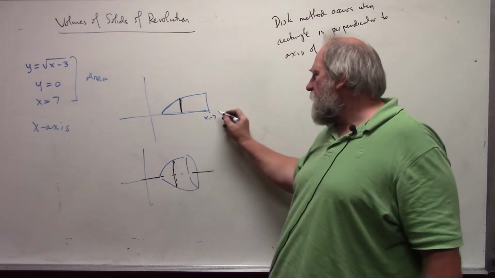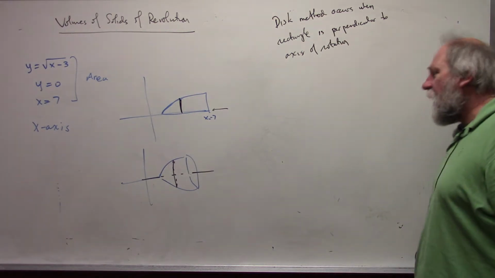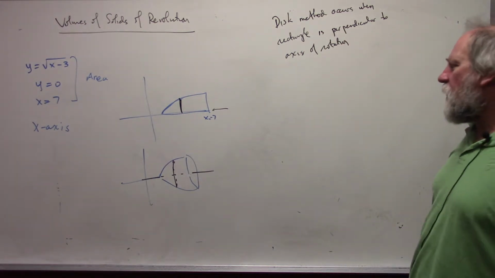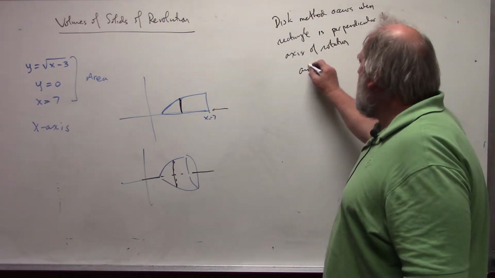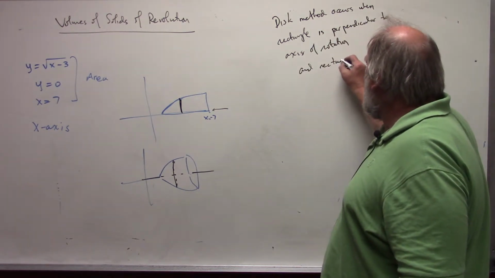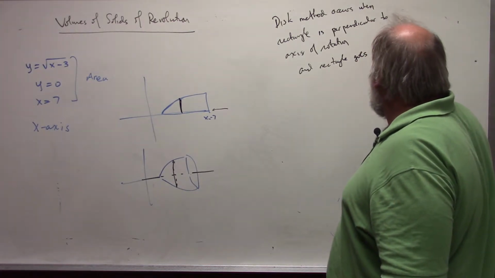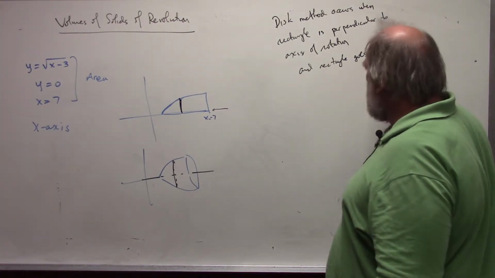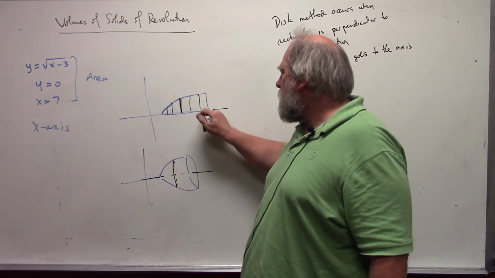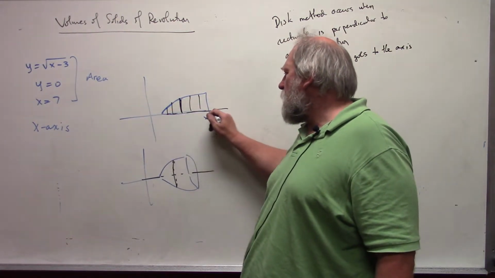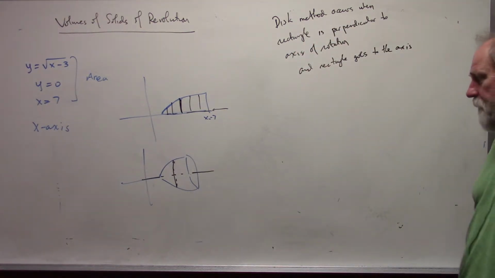This is my axis of rotation. My rectangle is perpendicular to that, and the rectangle always goes to the axis of rotation. Wherever I put my rectangle, it always goes to this axis of rotation. When that happens, we end up with the disk method.